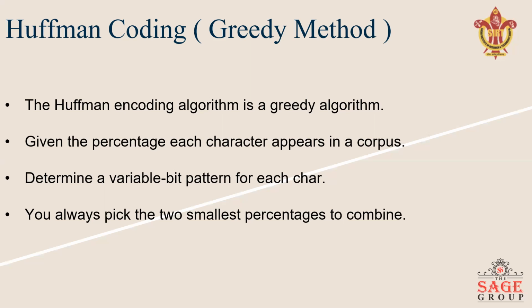Now we have to find the variable bit pattern of each character, meaning how many times each character appears in the given input string. Now this is the best technique, that is the greedy method. We use the greedy method, and we always pick the two smallest percentages to combine. We will learn about the last sentence in the next slide. You will be very clear with this last line.